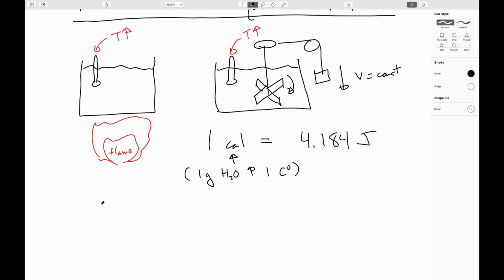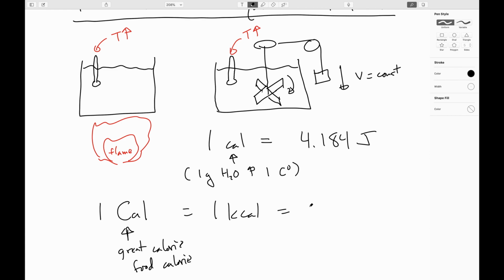Now, just a side note here. If you look at the nutrition facts label on some food, you'll see that they'll use a capital C here. This is called a great calorie or a food calorie. In a lot of countries, they will do us a favor and actually just write kcal like this to make it less confusing.